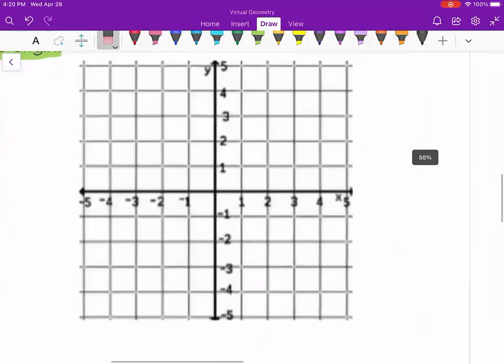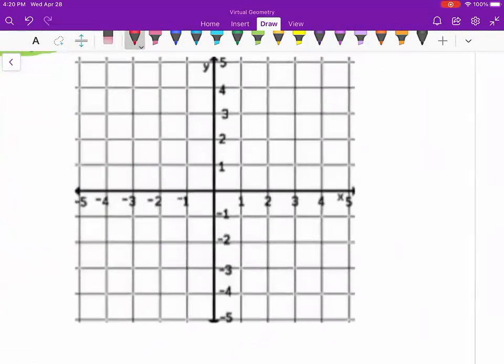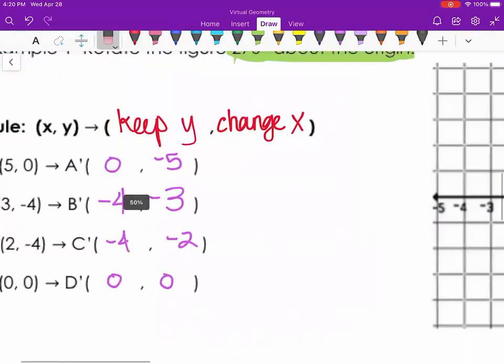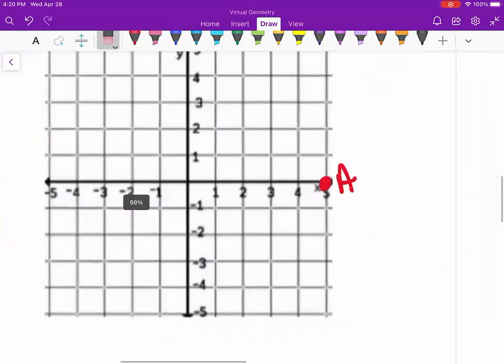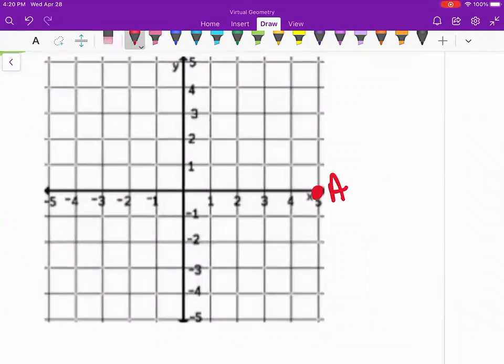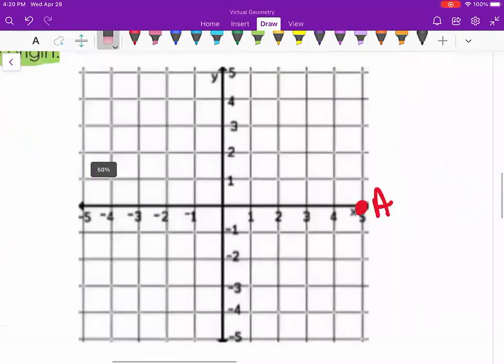So 5, 0 for A. B, we have 3, -4. C, we have 2, -4.